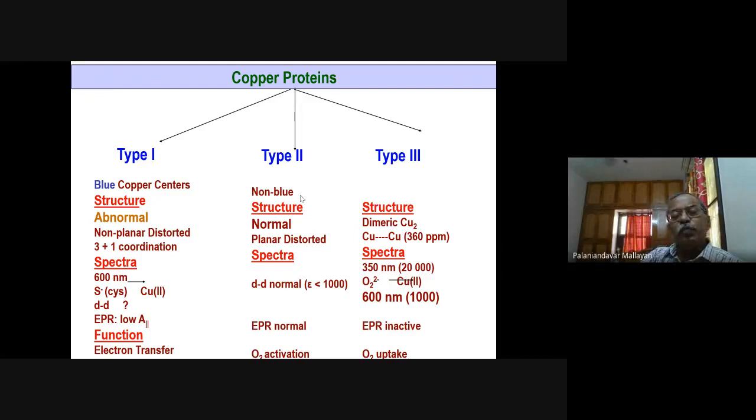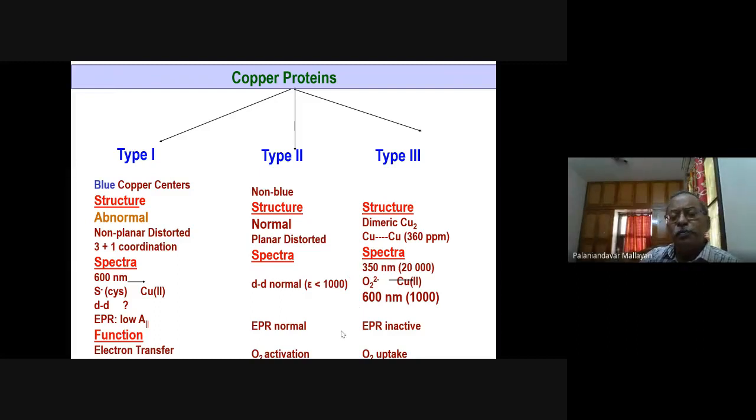When you have more than one type like this, three types, we have a new type of copper protein. You need not have a new type, but conveniently we will say a type 4 protein. So there are a number of type 2 proteins and then type 4 proteins.